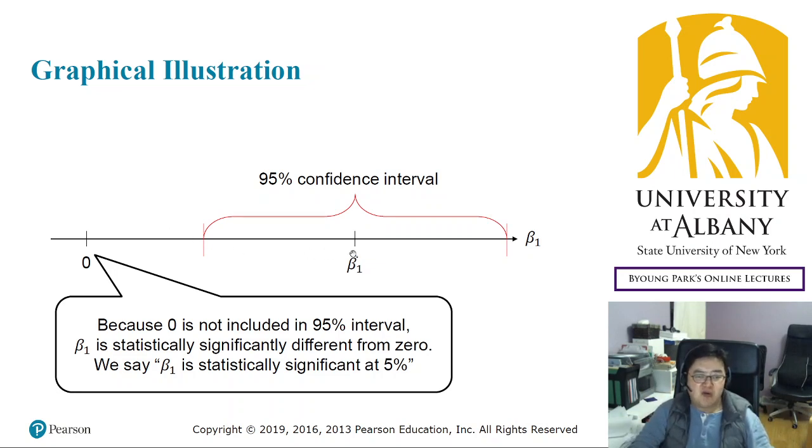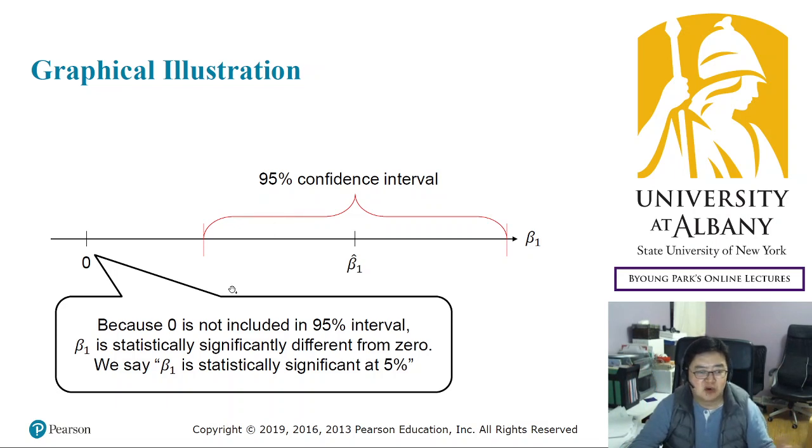Anywhere on this confidence interval, your estimate is positive. So we say that beta 1 is statistically significantly different from 0. Significance is a statistical term. And if you choose a different number, like if 1 was here, then you can say that beta 1 is significantly different from 1. So if a point is not included in the interval, we can say that the difference is statistically significant.